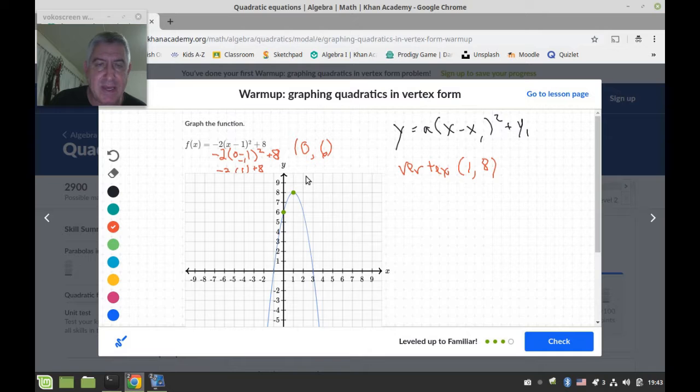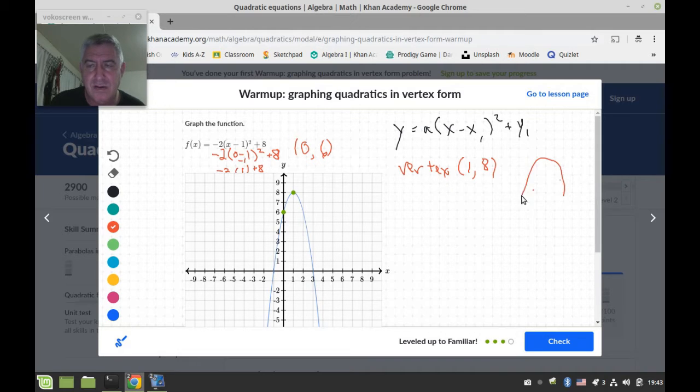Okay, and yeah, the a is negative, so it opens down. Let's look back. We were looking at some numbers and trying to see if we could find a way to find the x-intercepts easier.